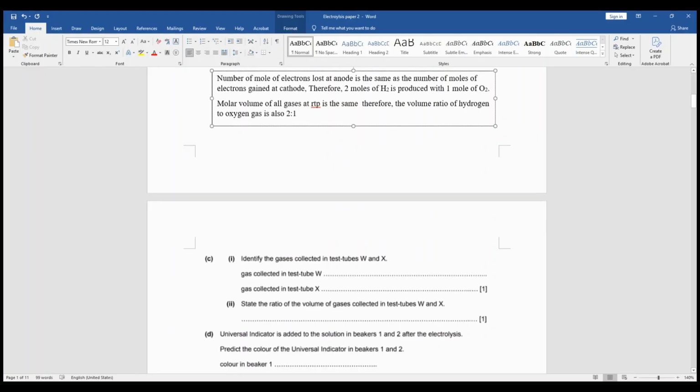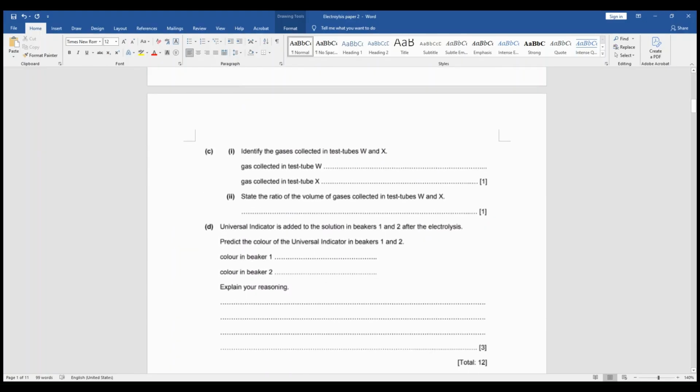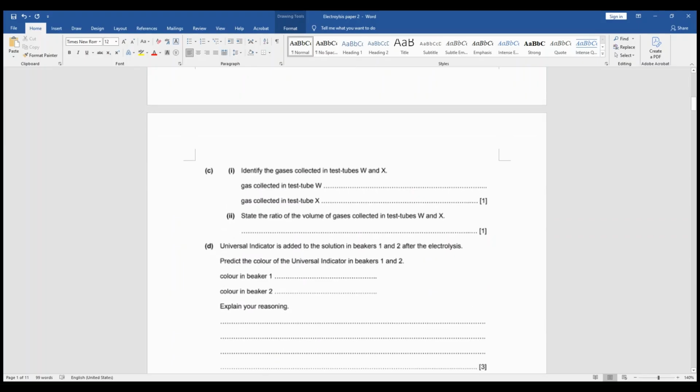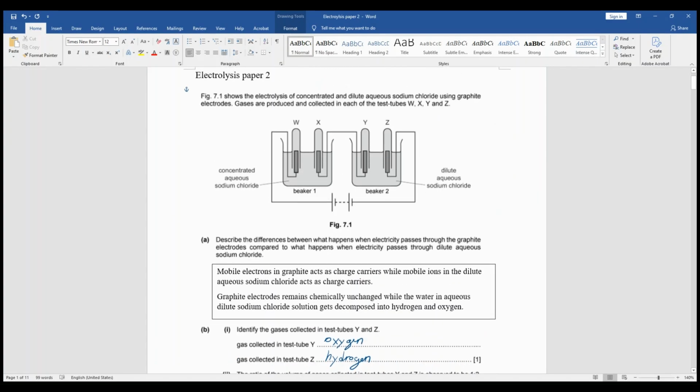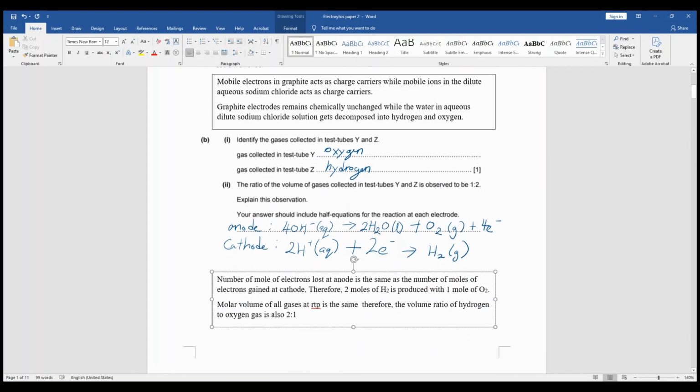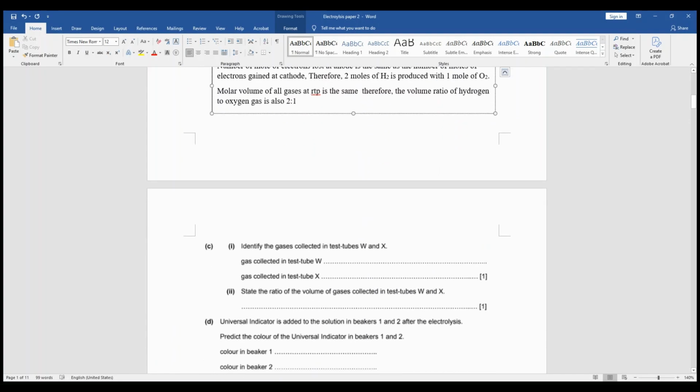Okay, that's it. Next, identify the gases collected in test tube W and X. Okay, W and X is these two. Now, this is concentrated. So the only difference would be your anode. Instead of oxygen coming out, you're going to get chlorine, which is Cl2. So better to write the full name. You can write both also.